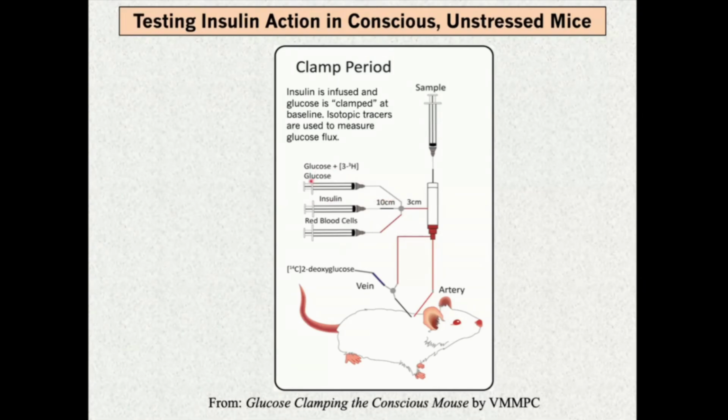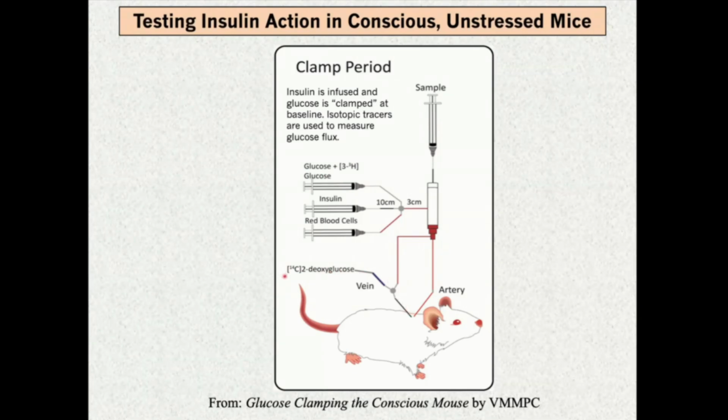And if you infuse insulin without glucose, the mouse, or any species, would get hypoglycemic. Here, for a clamp, we infuse glucose at a variable rate based on feedback from frequent samples. Now, we can also combine tracers. In the example I'm showing you here, we use tritiated glucose and 14C-2-deoxyglucose.